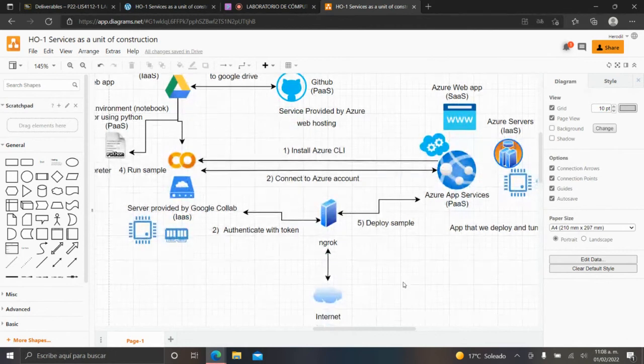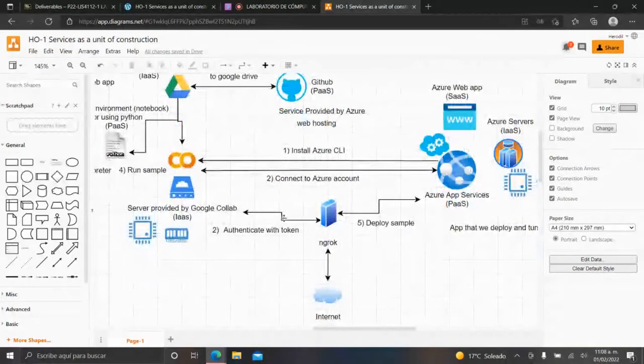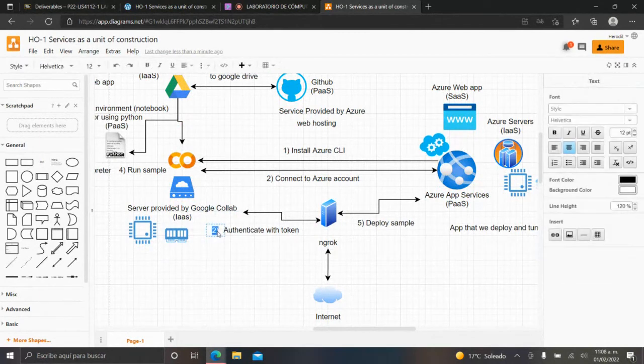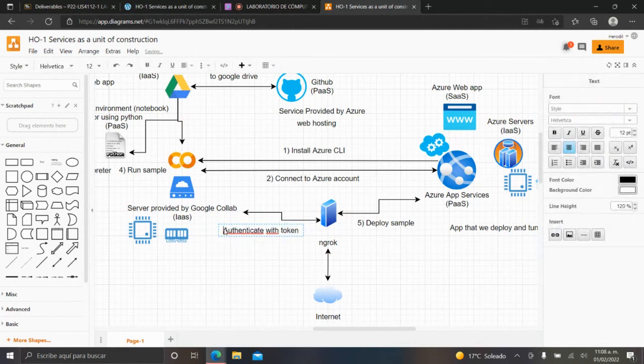So that was CLA. And then what happened with ngrok? Well, with ngrok, it was the same. We got the code from ngrok, a zip.